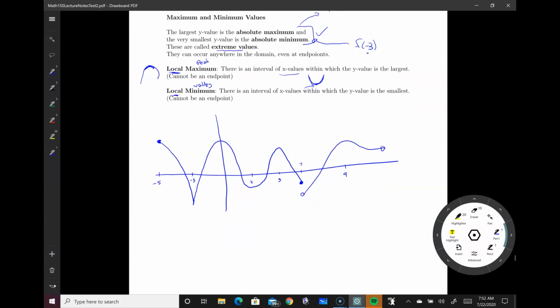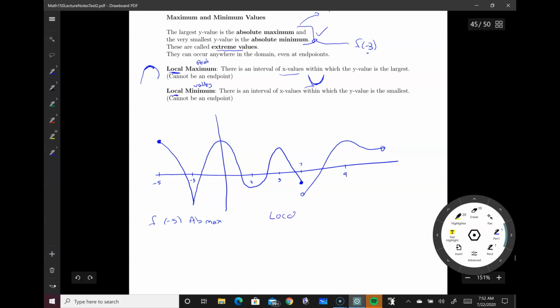There has to be a region around that gives you a local extreme value. So let's go through this graph. This point right here, f of -5, we already determined was the absolute max. It's the very, very highest y value. It is not a local max because it does not have a region around it. Let's look for some local maxes.